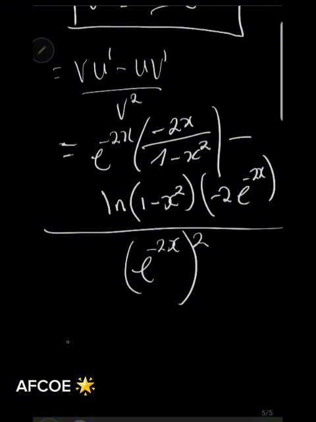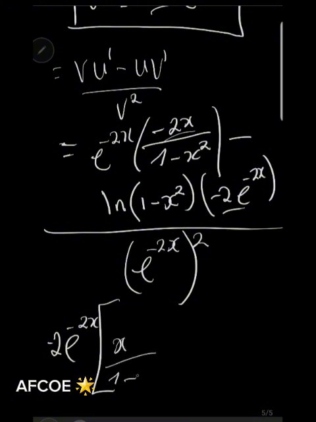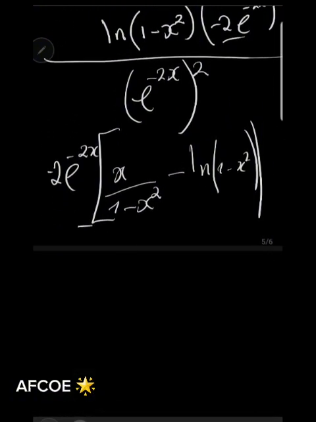Or if you like, you can go ahead and factor e to the negative 2x, or we can even factor out negative 2e to the negative 2x. So what will be left here is x on 1 minus x squared, minus the ln of 1 minus x squared. All that is being divided by e to the negative 2x all squared, which means e to the negative 2x times e to the negative 2x, two of them.